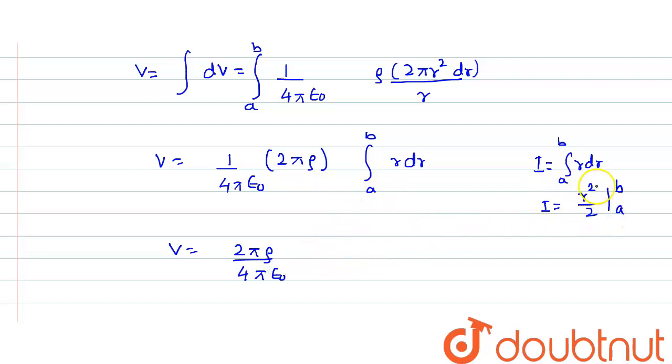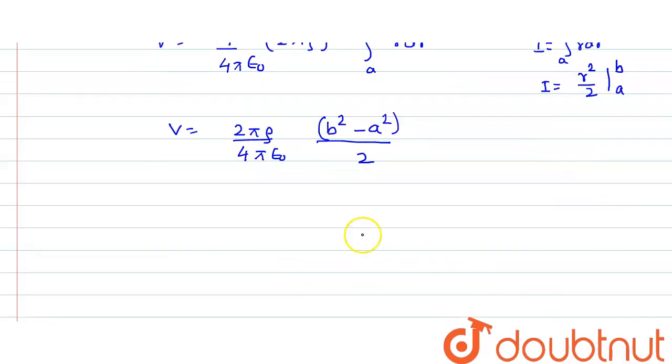Putting in the limit, it becomes b square minus a square divided by 2. Now the 2 and the 2 pi cancel, so V is equal to rho divided by 4 epsilon times b square minus a square. What is the value of b? b is twice a, which is given. So it would be 4a square minus a square, that means 3a square.